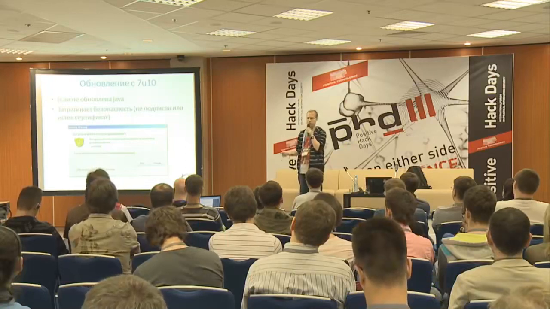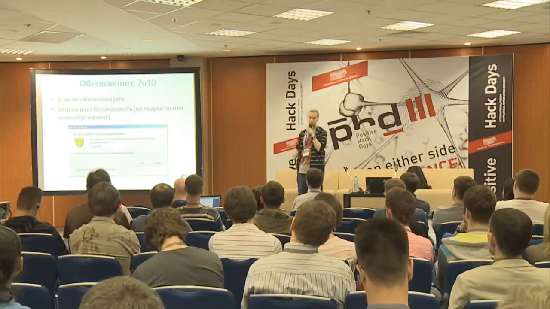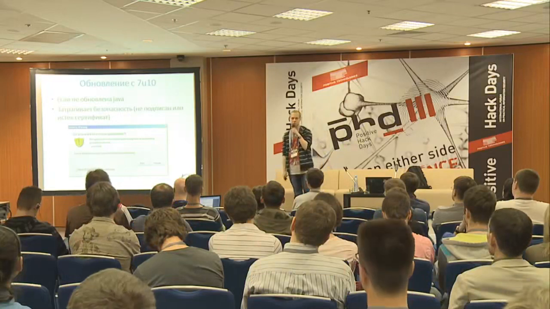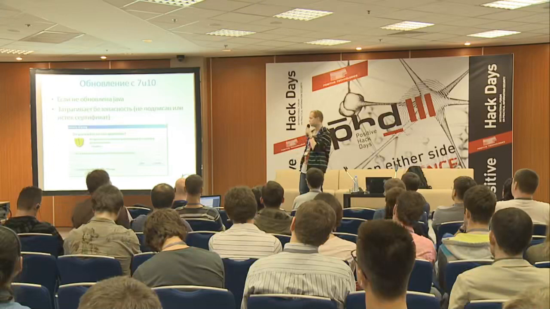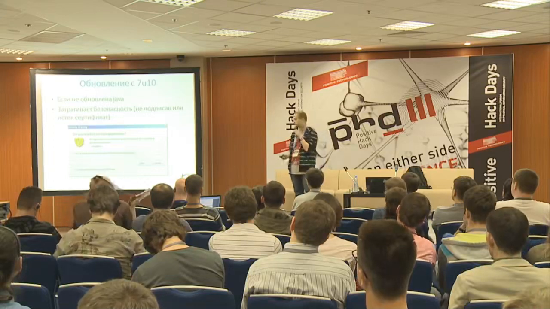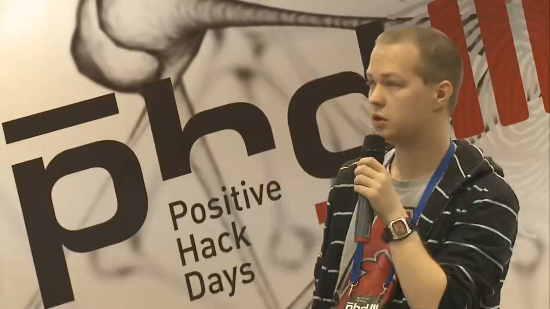Say your applet or your application is requesting access to the system but doesn't have certificates, or the certificate is expired. You must have heard about this attack when certificates would be stolen and then they would be used to sign different Java applets.